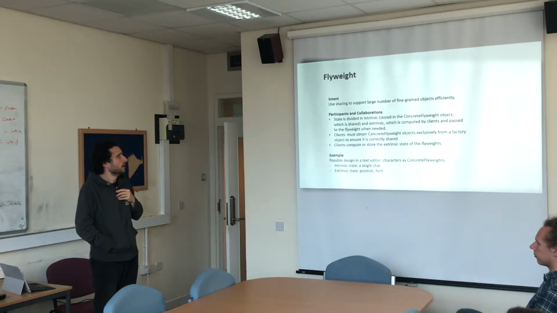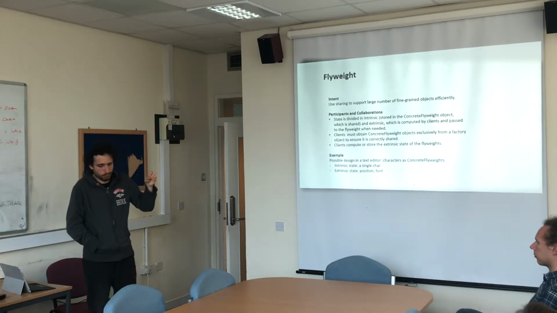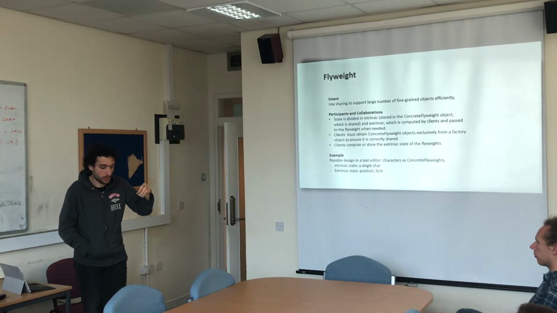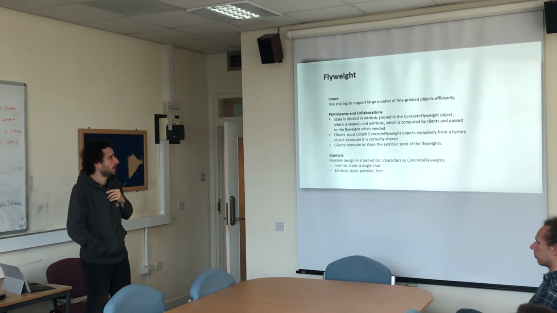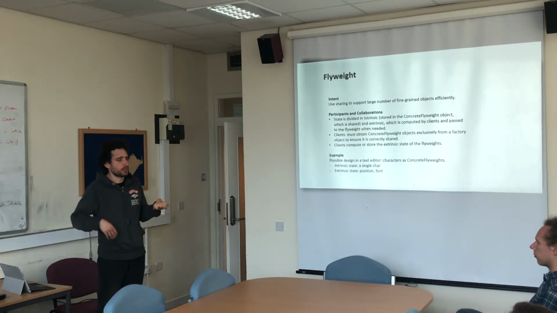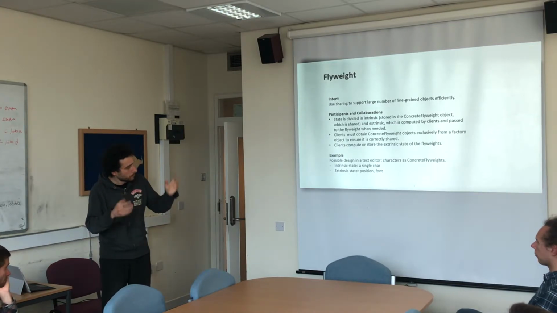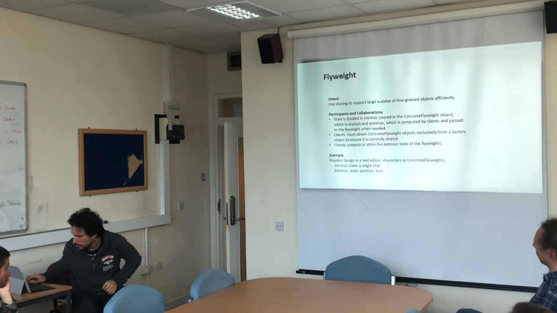So the state related to those objects can be shared, and in this way, using sharing, we can reduce a lot the footprint of our objects. Can I show you the example maybe?